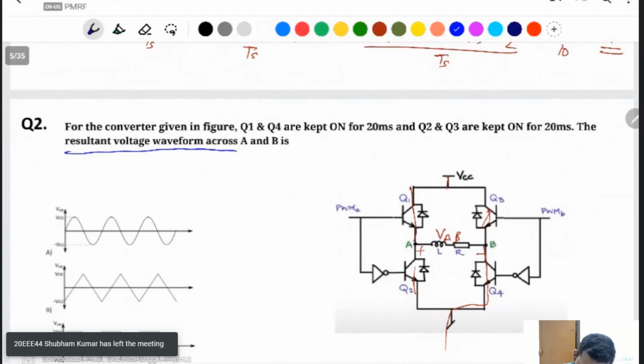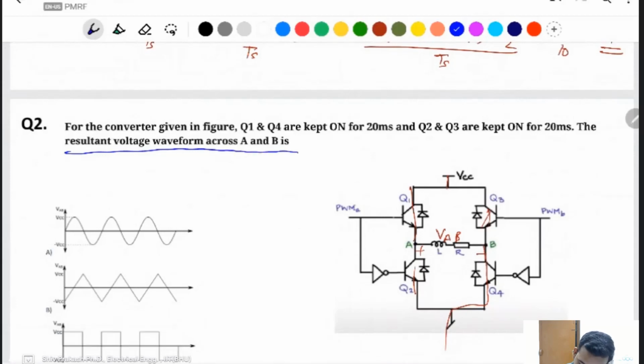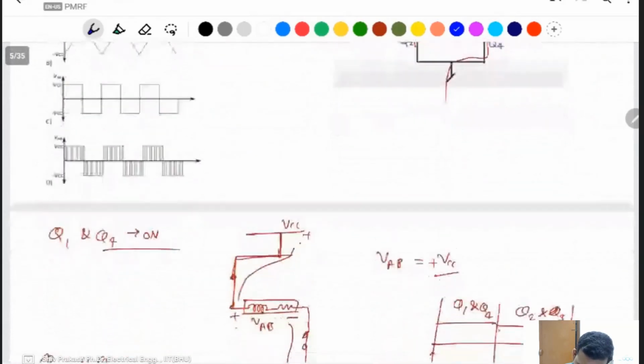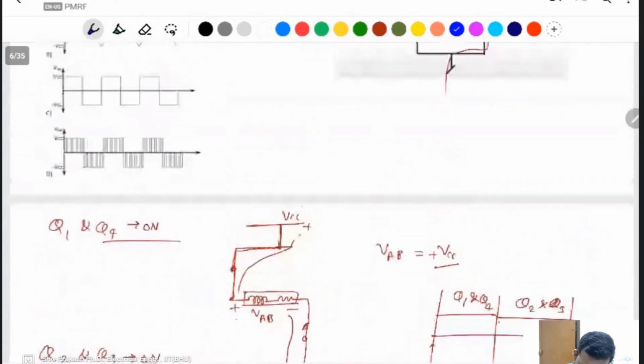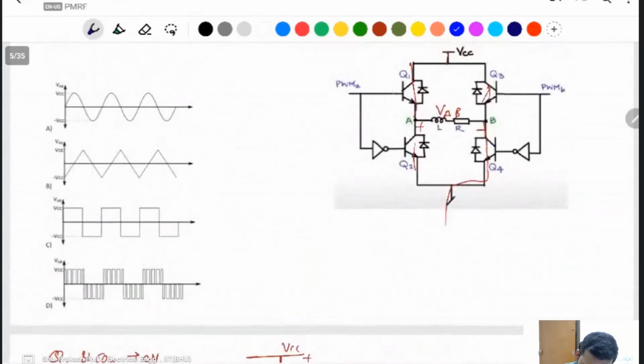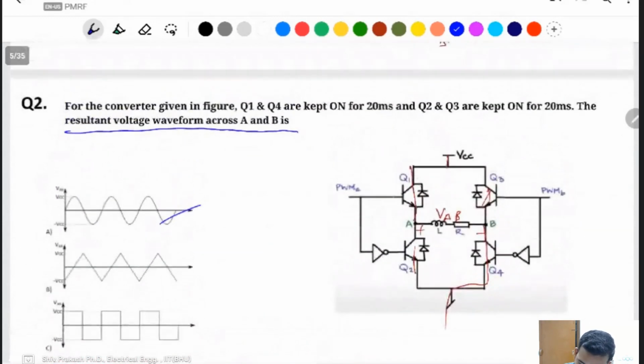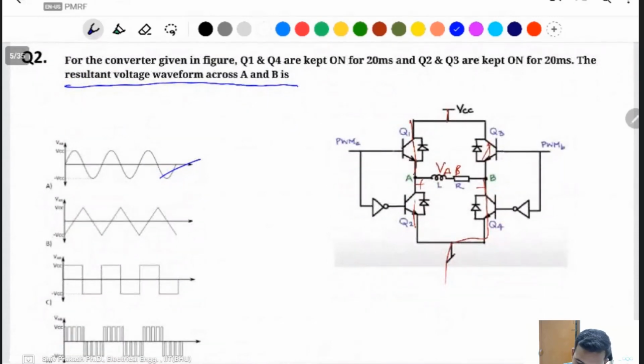The resultant voltage waveform across A and B is plus VCC, minus VCC. This is not sinusoidal; it is not mentioned in the question. Since VCC is mentioned, it is the symbol of a constant DC voltage, not an AC source. That's why you can't say this one.